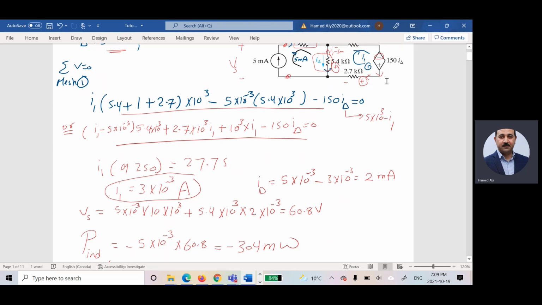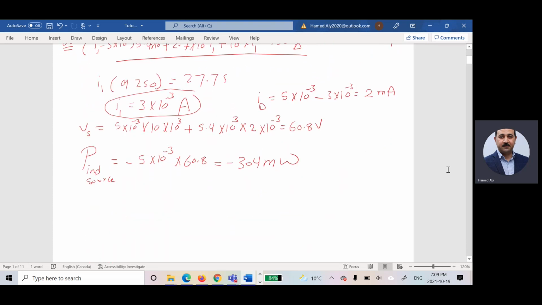So the power for the dependent source will be equal to negative 150 I delta, which is the value of the voltage, multiplied by I1. If you calculate this, it is negative 0.9 milliwatts.